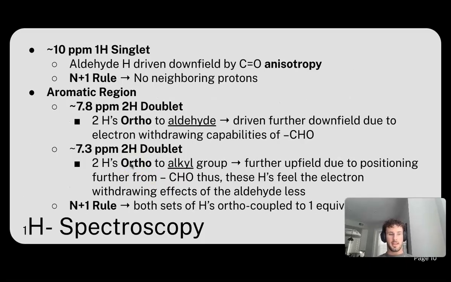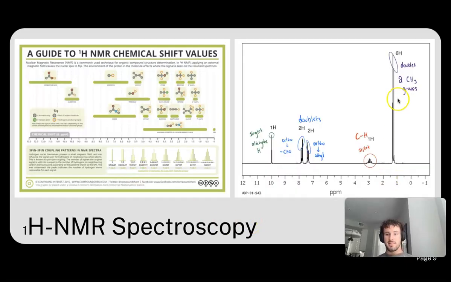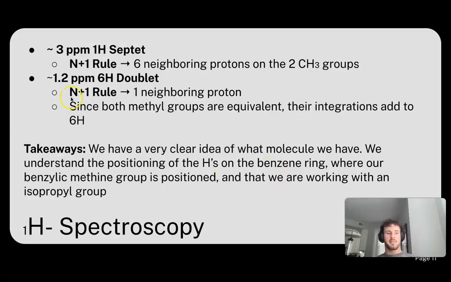And then lastly, looking at the 6 hydrogen doublet around 1.2 to 1.3 parts per million, it's a doublet, so N+1 equals 2, N equals 1 neighboring proton. And since both methyl groups are equivalent, their integrations add to 6 hydrogens.